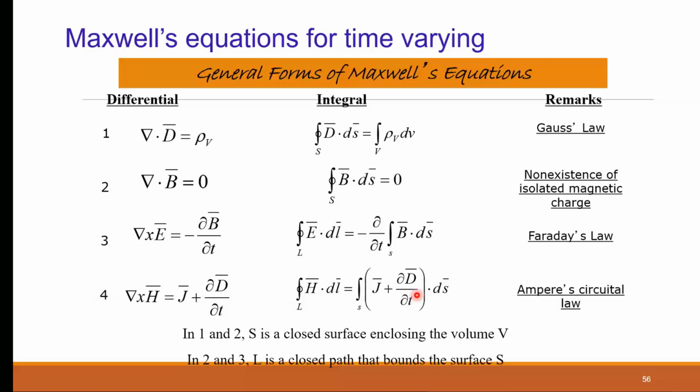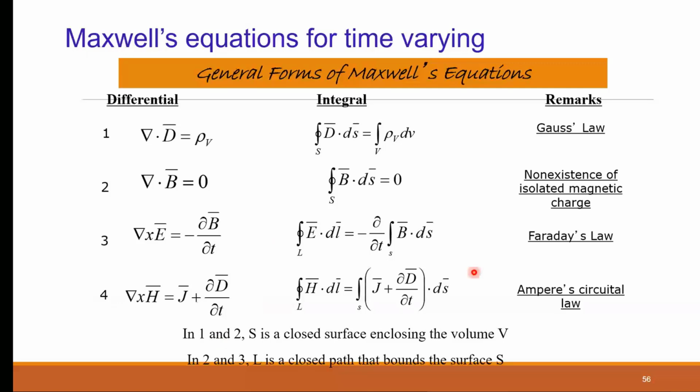Del cross H. Whenever there is a line integration on the left hand side, you just take it as del cross for the point form. And if there is a surface integration, then we have to take this J plus dou D by dou t. Okay, so convert the line integration into curl and cancel the ds. So whatever we will get is the point form. Remember this small trick. So del cross H is equal to J bar plus dou D bar by dou t. And this is Ampere's circuital law.